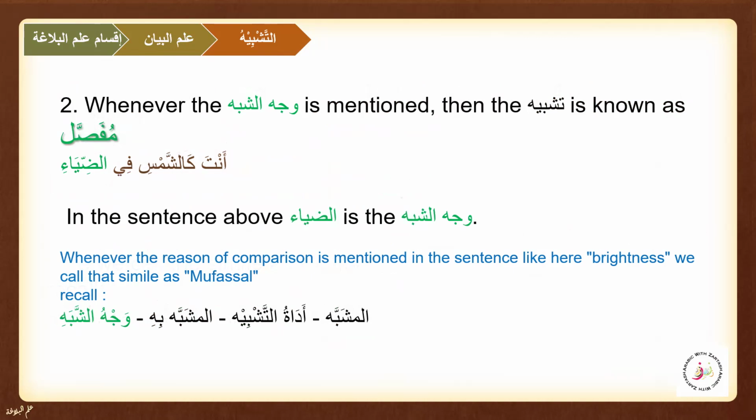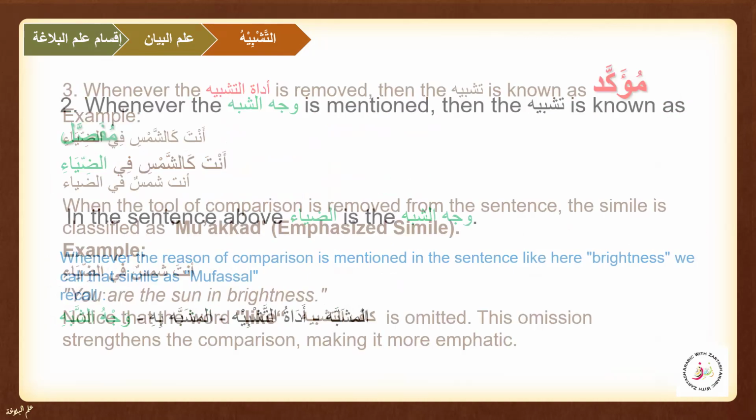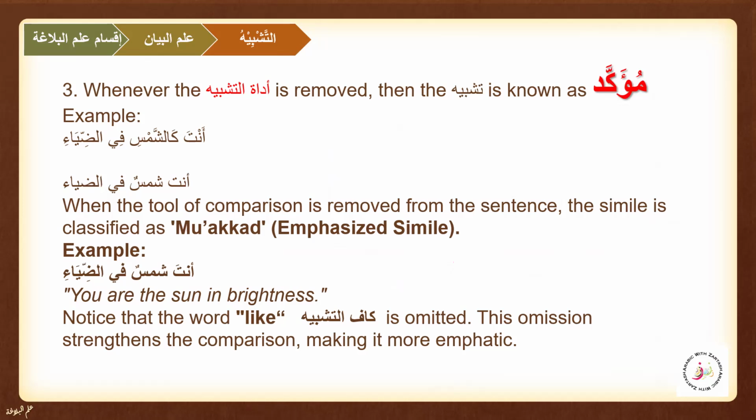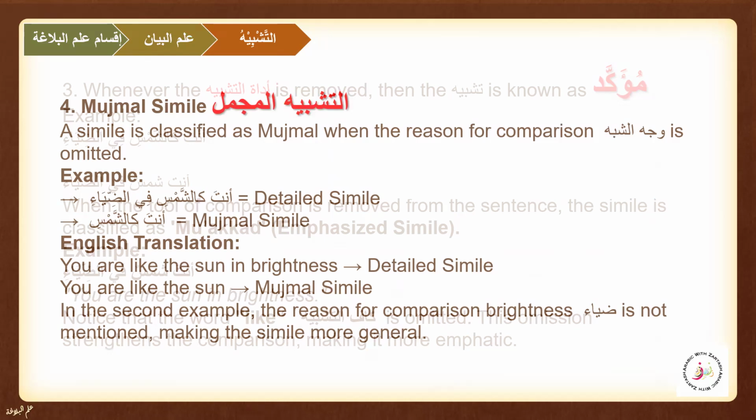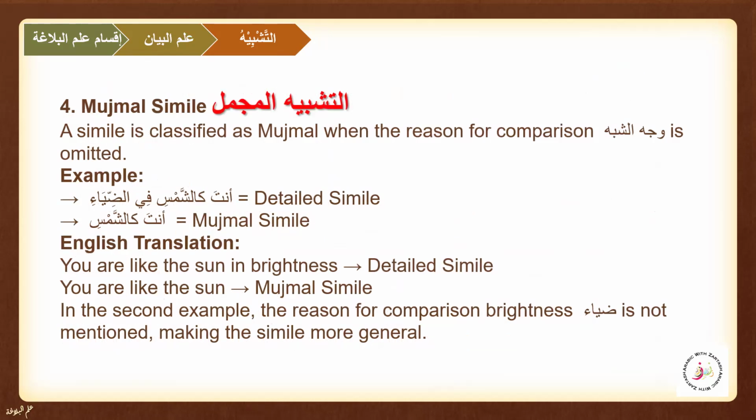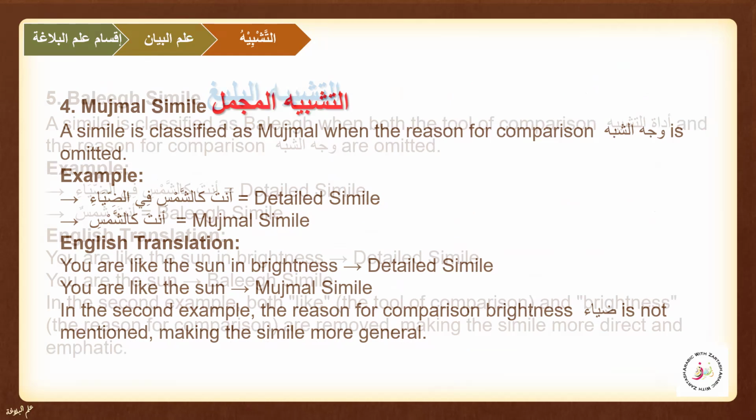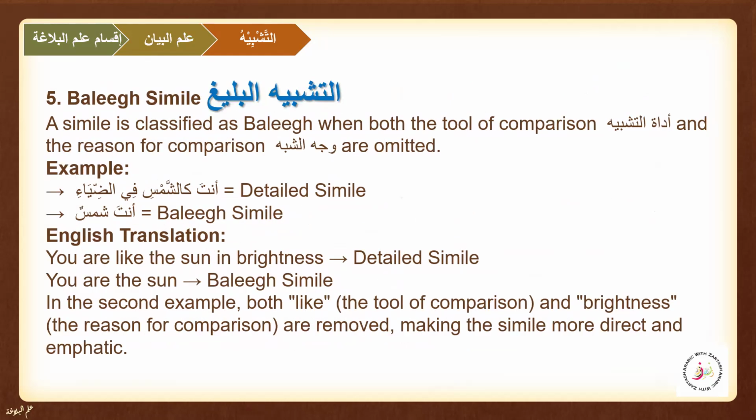We learned about mufassal, when the wajh shabah is mentioned. Then we learned about the tashbih when the adatu tashbih is removed, and that is mu'akkad. Also we learned about the mujmal tashbih, when the wajh shabah is omitted. So these are the four main types that we learned: the mursal, the mu'akkad, the mufassal, the mujmal.